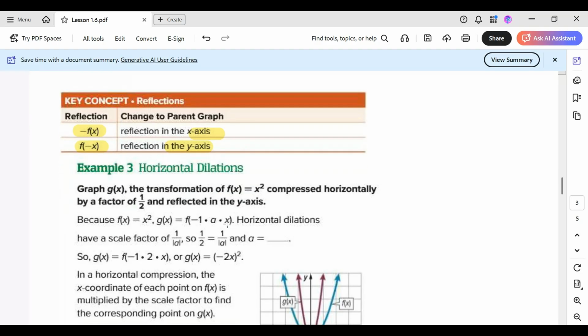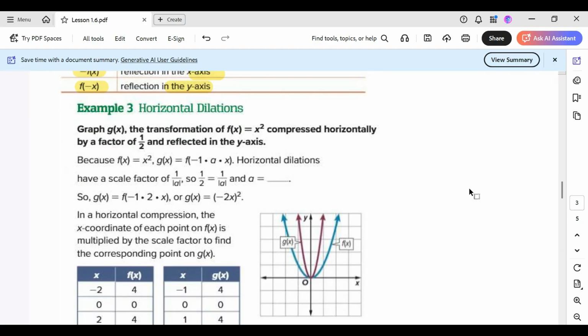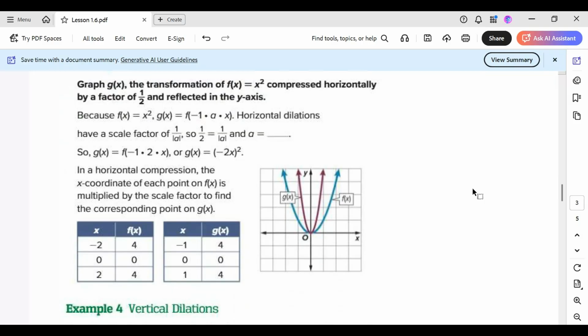In example 3, it says horizontal dilations: graph g of x, the transformation of f of x equal to x squared compressed horizontally by a factor of 1/2 and reflected in the x and the y-axis. So they tell us the scale factor is 1/2, but we have to do a flip.